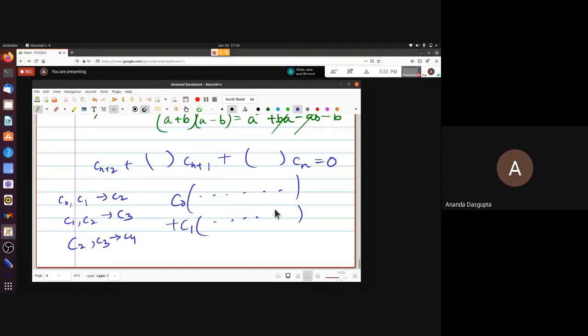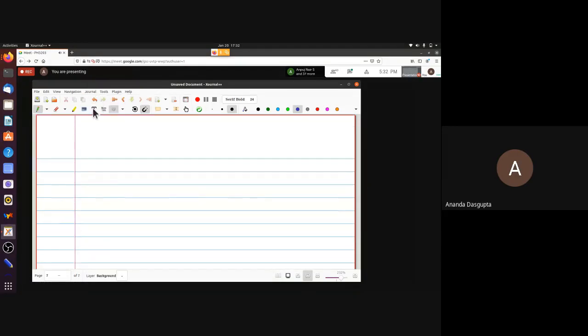Can anybody tell me why a five-term recursion relation is not a problem even if you had a second order differential equation? A five-term recursion relation would be Cn plus 4, Cn plus 3, Cn plus 2, and Cn.